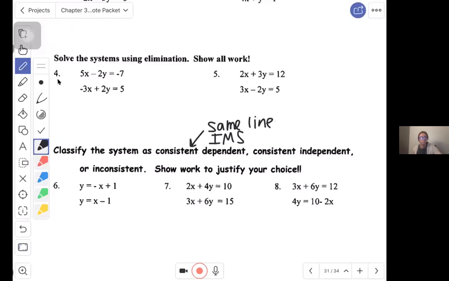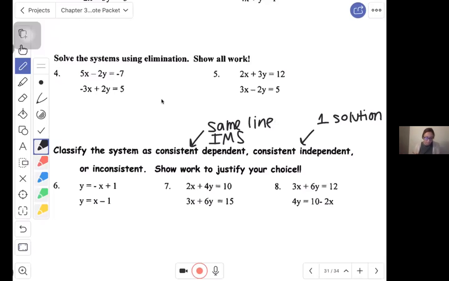Does it mean that there's exactly one solution? Yeah, there's going to be one solution. That means the lines are going to intersect at one point, and that one point is our solution.